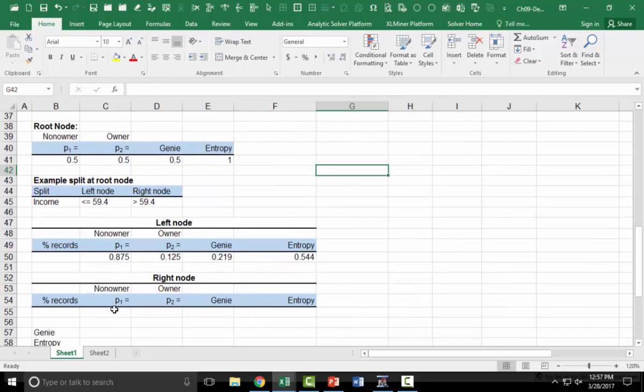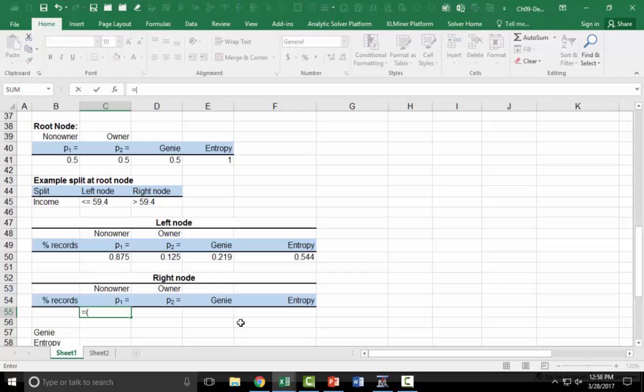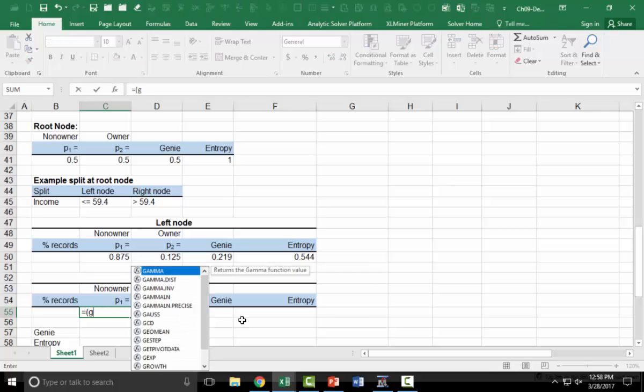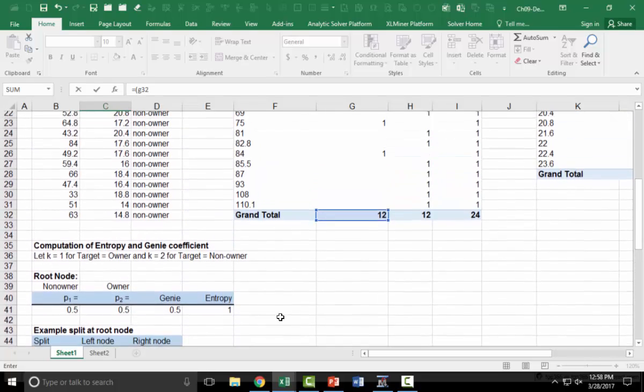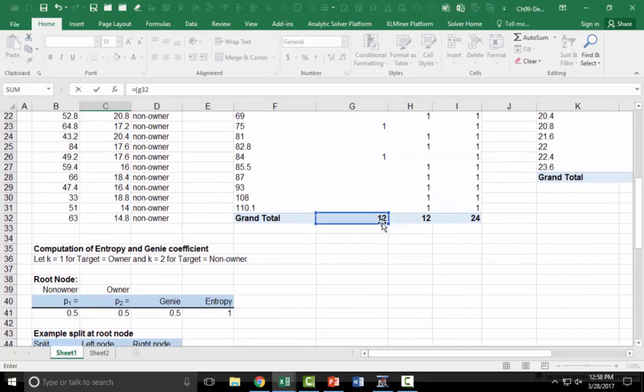Now we do the same thing on the other side. So this is going to be the balance, right?